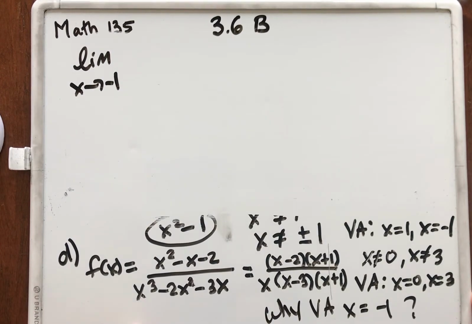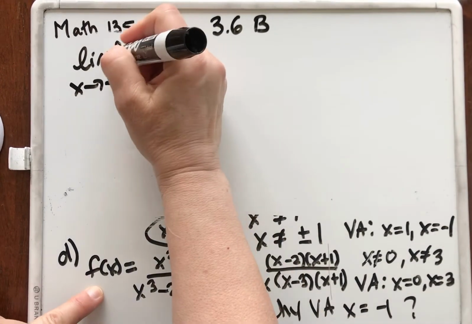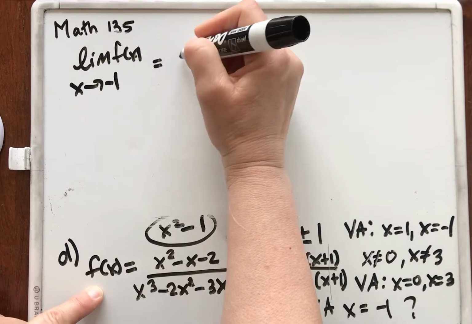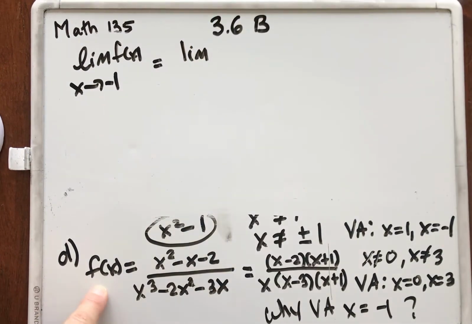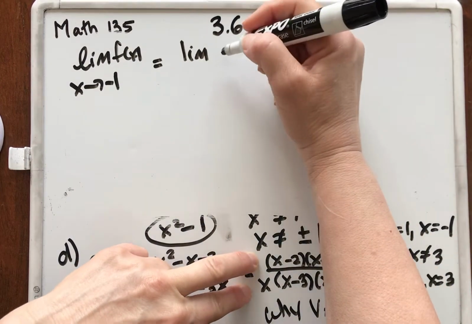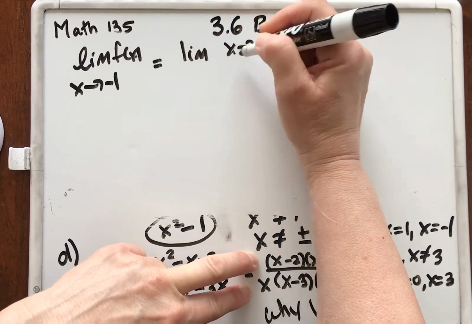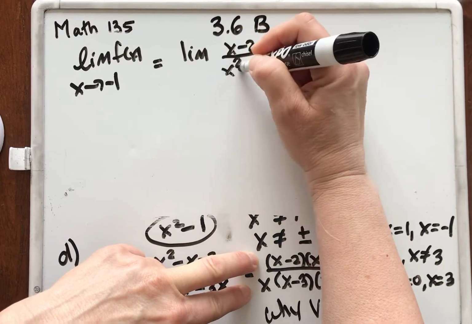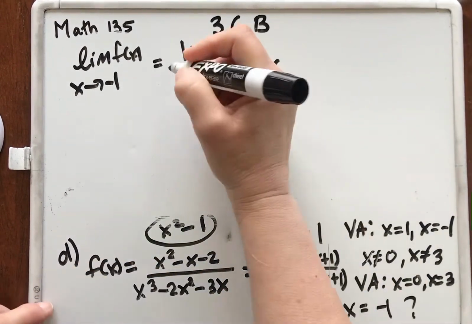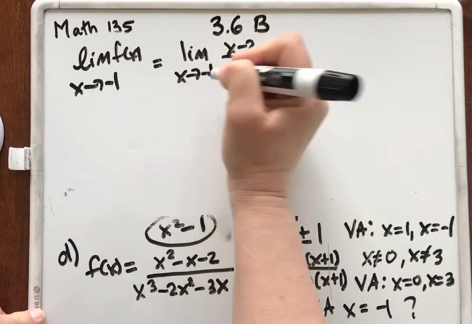If we take the limit of f of x in our problem, we went all the way down to this right here, which is x minus 2 over x squared minus 3x, as x approaches negative 1.